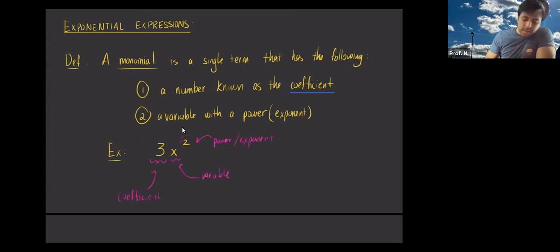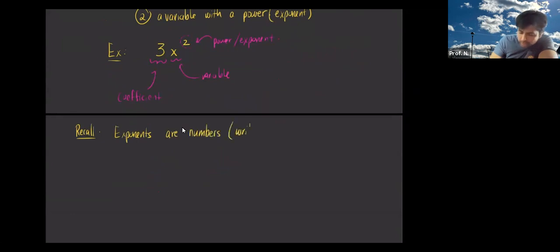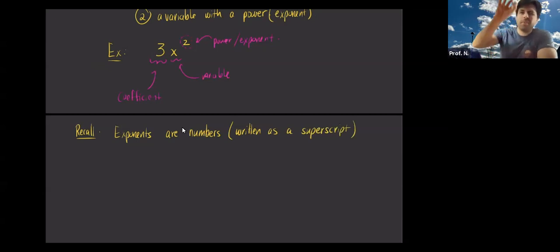Okay, and then let's recall what an exponent is. Exponents are numbers, and they're written as a superscript. A superscript just means that it's in the upper right corner of a particular variable, such as x. So this 2 here is a superscript to x.